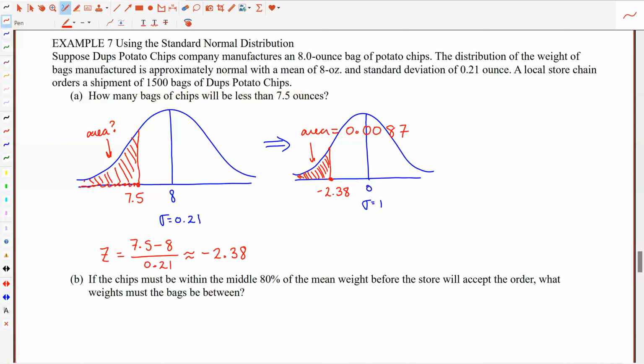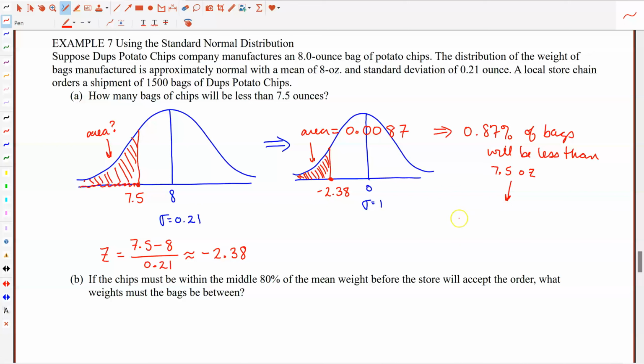So how many bags of chips will be less than 7.5 ounces? Well, what we've gotten so far is that we know 0.87% of the bags will be less than 7.5 ounces. So then coming back to the question that's being asked of us, how many is that? That's assuming that the shipment is 1,500 bags.